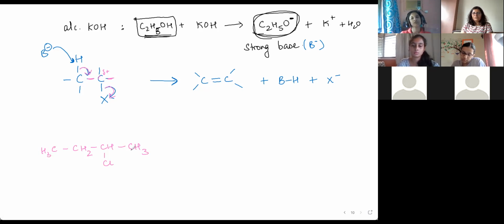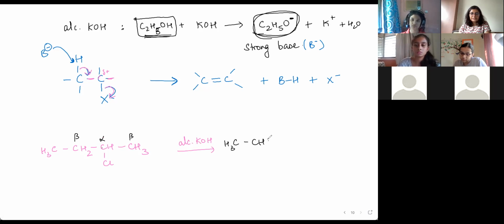Suppose we have this compound and we treat it with alcoholic KOH. So now there are two possibilities. So this is the alpha carbon, this is one beta hydrogen, this is the other beta hydrogen. Both are adjacent in relation to this. So this is one possibility, CH double bond CH CH3, and it can also go from the other side.